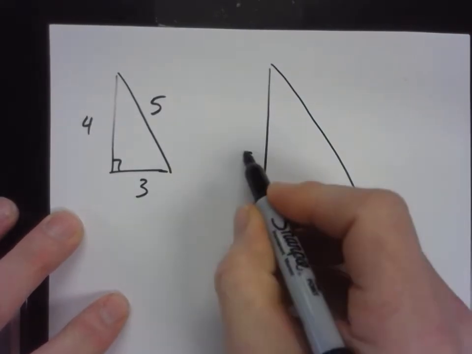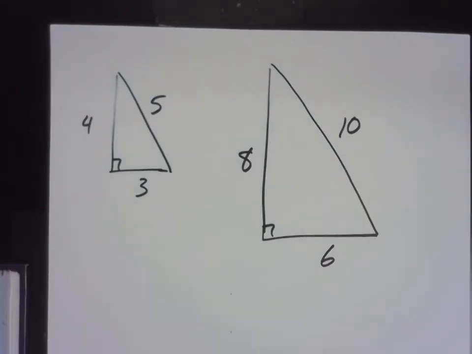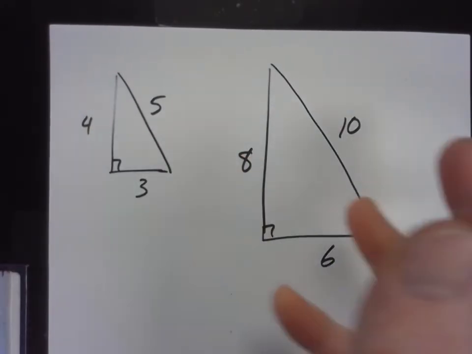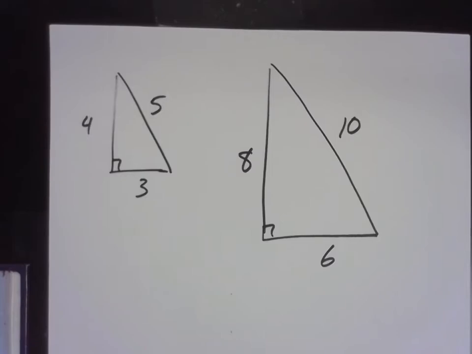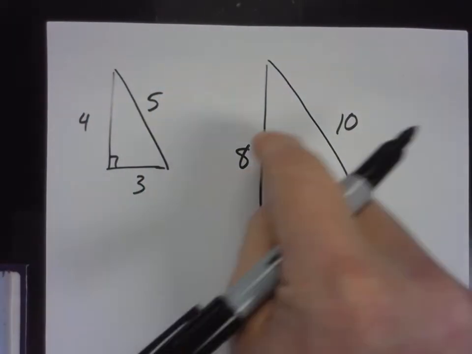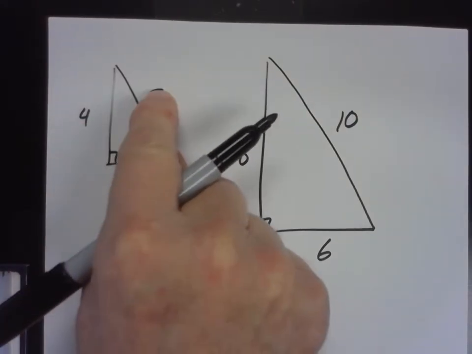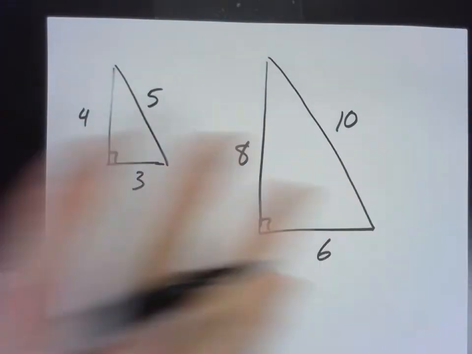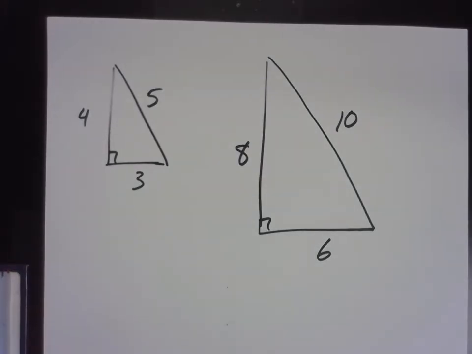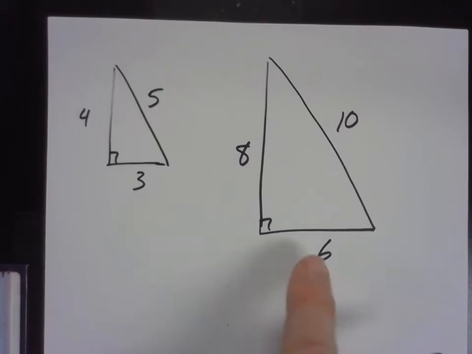It's 6, 8, 10. So these two Pythagorean triangles are in the same family. This 3, 4, 5, 6, 8, 10. You could multiply here by 3 and say 9, 12, 15. They're all in the same family, aren't they? So we can see that the scale factor here is 1 to 2, isn't it?